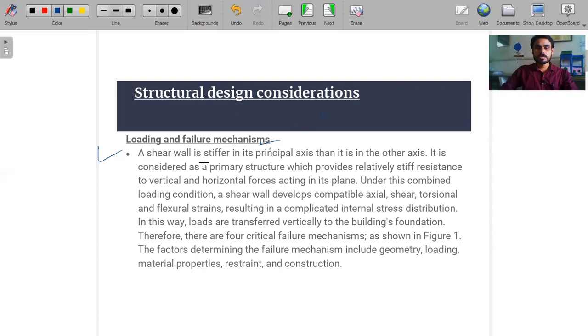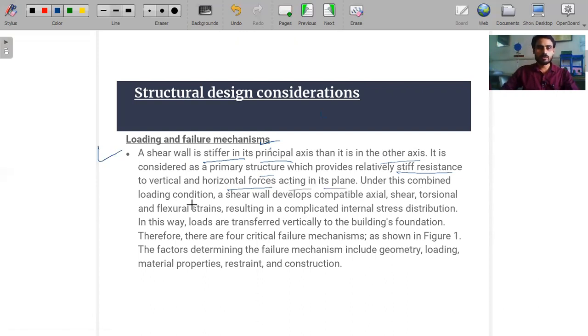A shear wall is stiffer about its principal axis than about the other axis. It is considered a primary structure which provides relatively stiff resistance to vertical and horizontal forces acting in its plane.